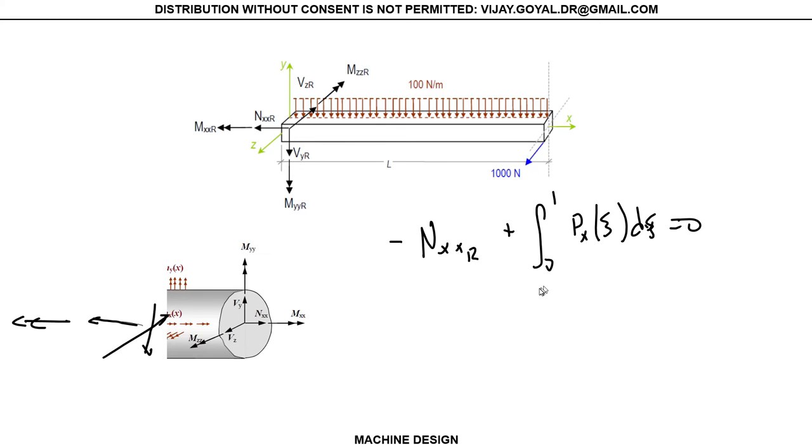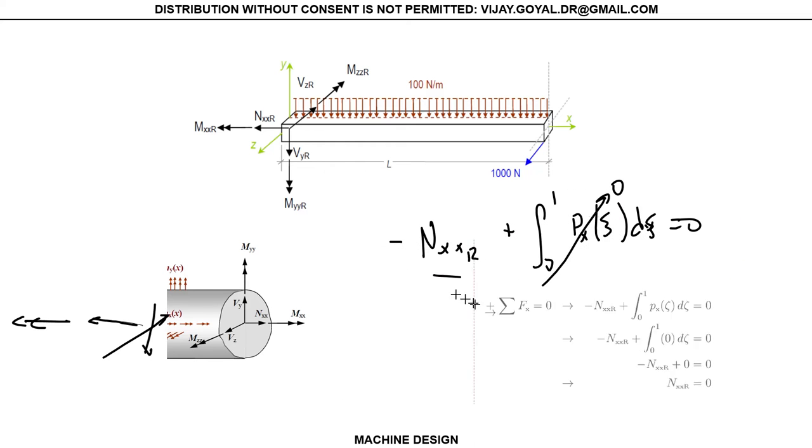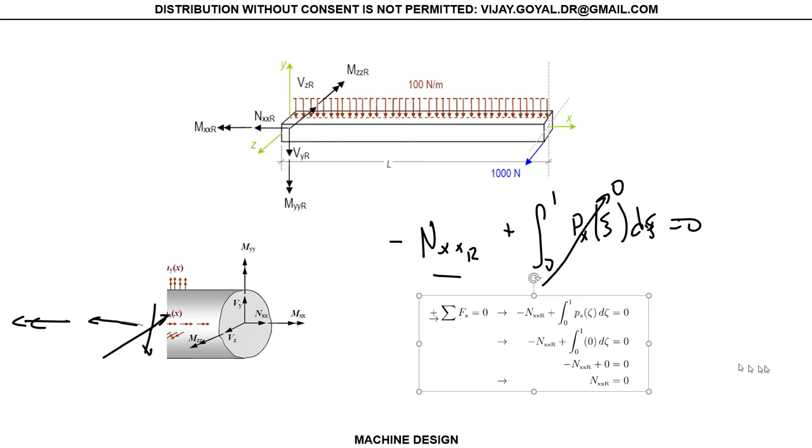I don't have any distributed load in the axial, so this is 0. Okay, in my notes that I posted online as a complement, they have this. If you just replace everything in here, you can show that NXX is 0. So I found, let me change the color of my marker, I found that this is equal to 0.